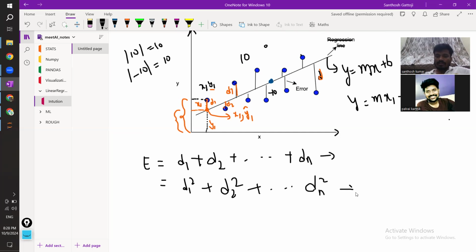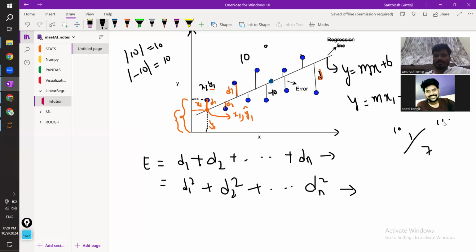See, what I'm trying to say is, let's say you have a data point whose error is 7, and above it you have 10. If you square it, 10 will become 100.